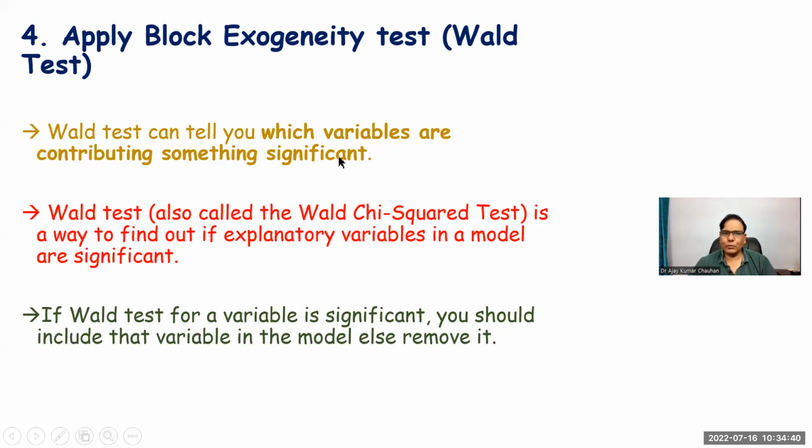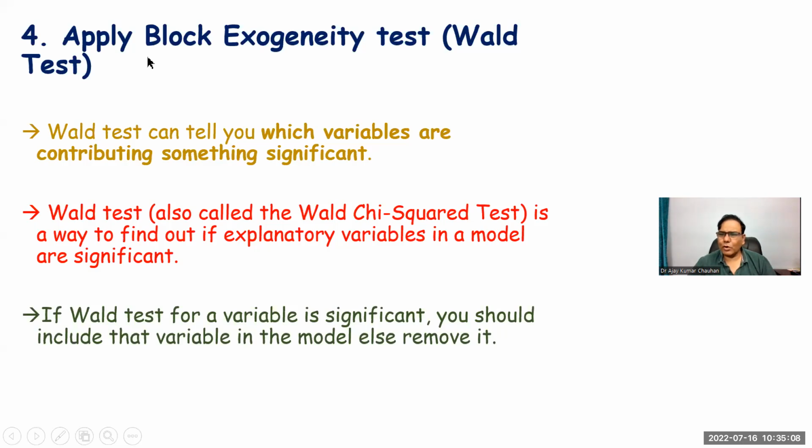So Wald test can tell you which variables are contributing something significant. Which variable, or in simple words, there is a significant causality in the direction of X on Y. So this hypothesis can be examined with the help of block exogeneity test.